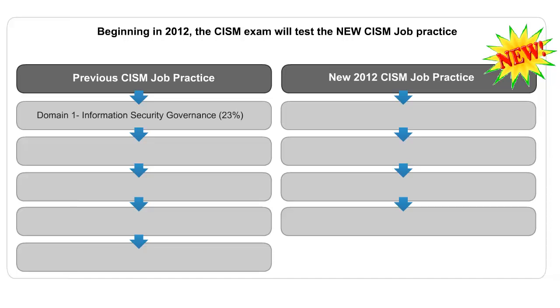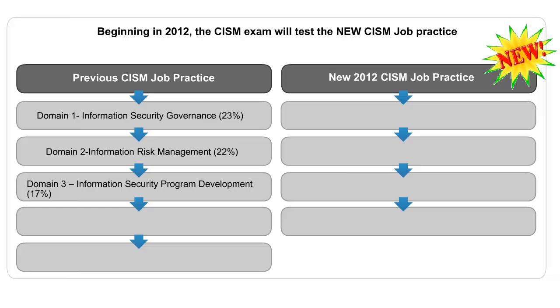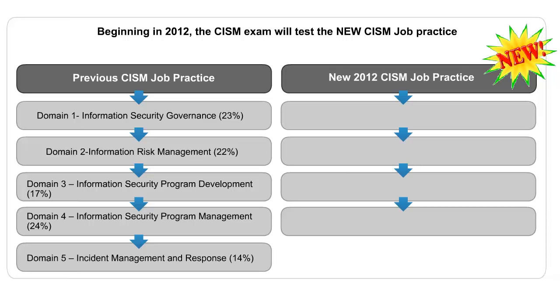Domain 1, Information Security Governance, 23%. Domain 2, Information Risk Management, 22%. Domain 3, Information Security Program Development, 17%. Domain 4, Information Security Program Management, 24%. Domain 5, Incident Management and Response, 14%.